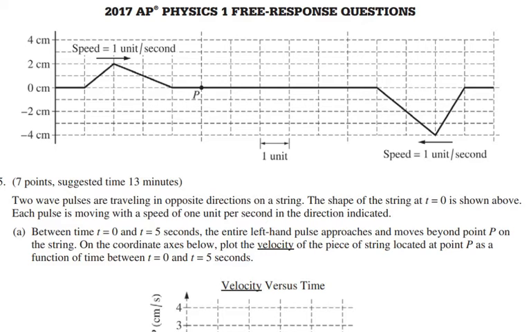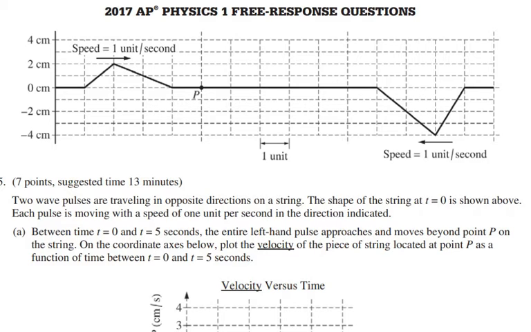They said that two wave pulses are traveling in opposite directions on a string. The shape of the string at t sub 0 is shown above. Each pulse is moving with a speed of 1 unit per second in the direction indicated.